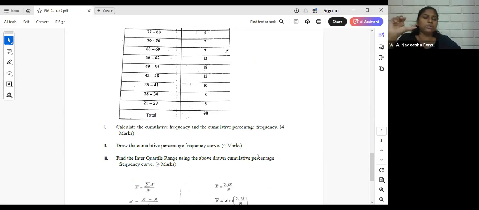You can't use equations here. You have to draw the cumulative percentage curve, mark Q1 and Q3 on the curve, and then extract the Q1 and Q3 values from the curve. If you calculate it using the equation, marks will not be given.